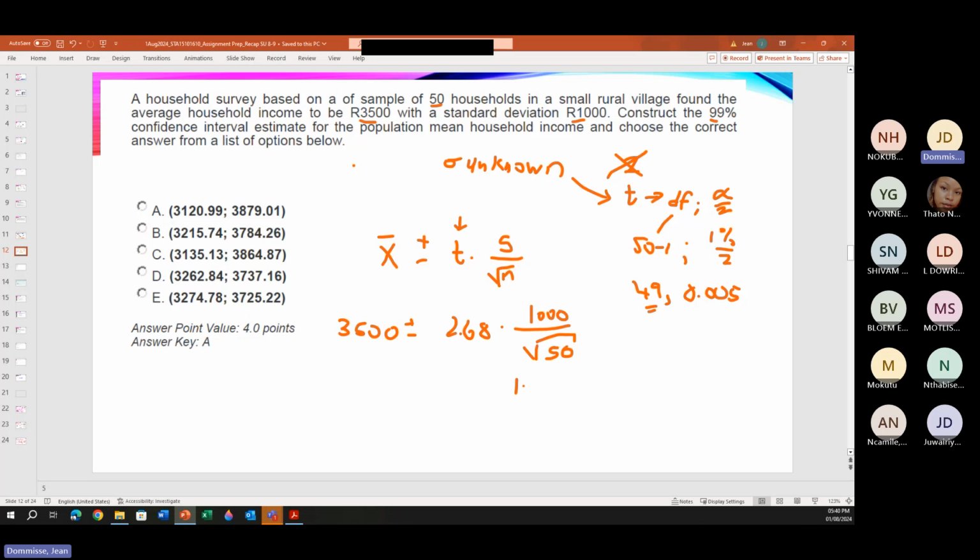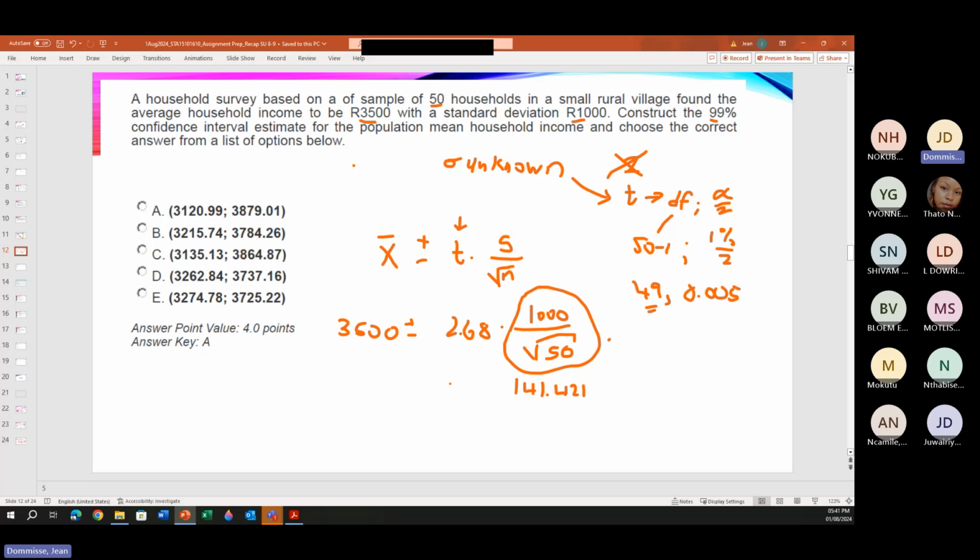That gives me 141.421. And just again, important, they might again just ask you to work out the standard error, even though it is study unit 7. They might bring in that question around standard error again.